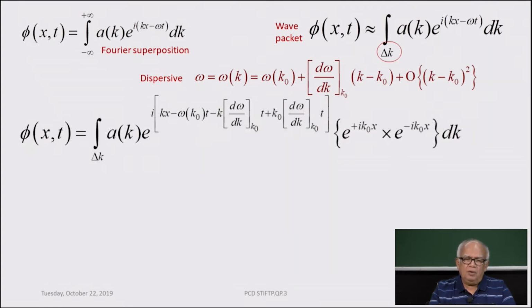And if you write the k dependent omega in the wave packet description, it is the same term, there is nothing new in this. So, do not be bothered by how quickly this whole equation pops up on the screen.